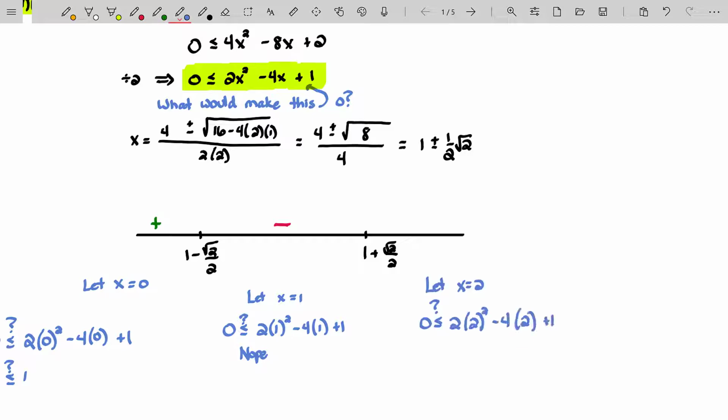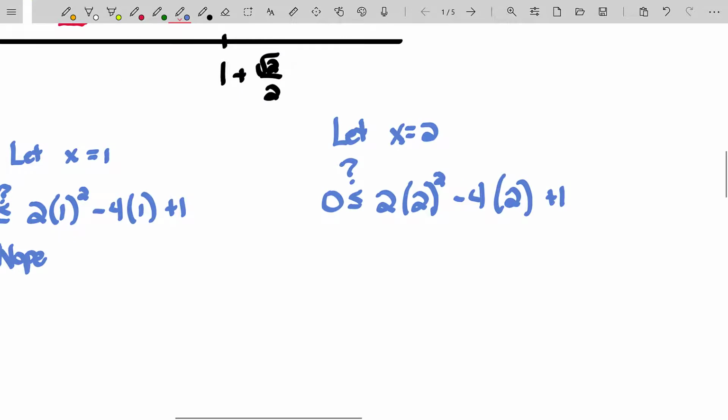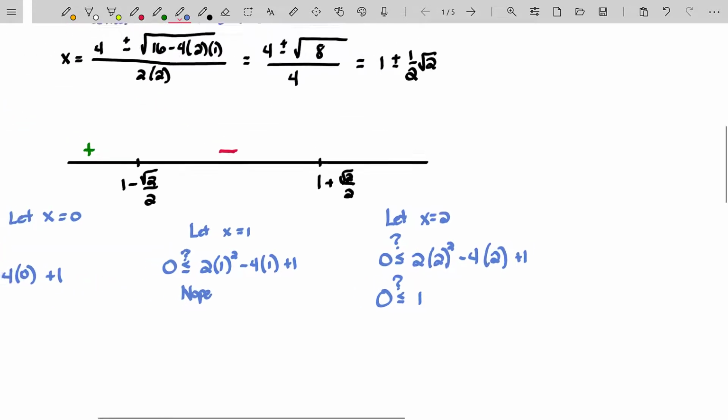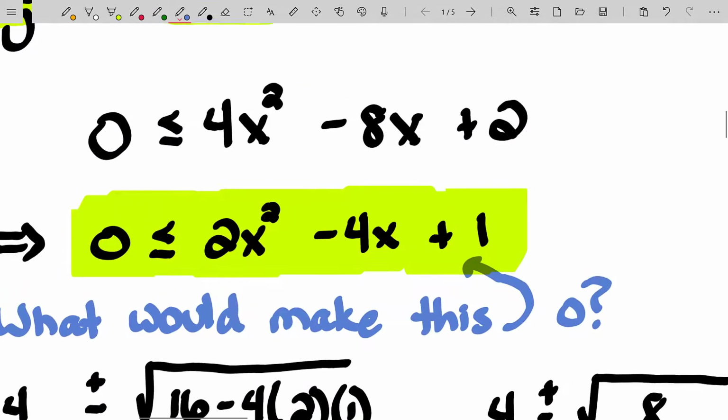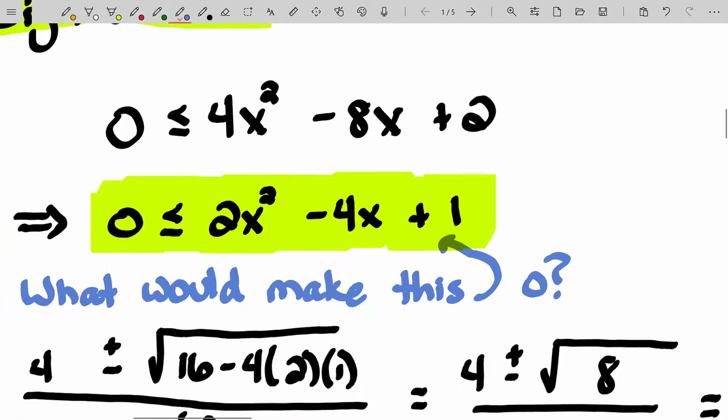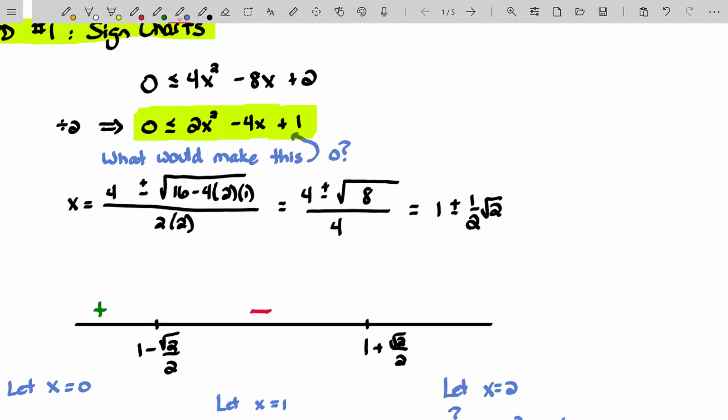And we ask ourselves, is 0 less than or equal to 2 times 2 squared minus 4 times 2 plus 1? Well, that's the same thing as asking, is 0 less than or equal to 1? And the answer again is resoundingly yes. So this means that in that region, our quadratic expression is greater than or equal to 0, or in other words, the quadratic inequality is satisfied.